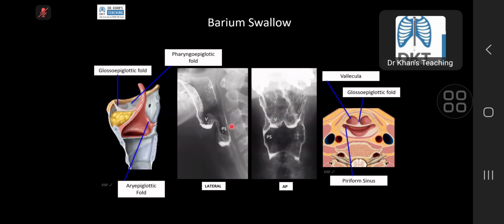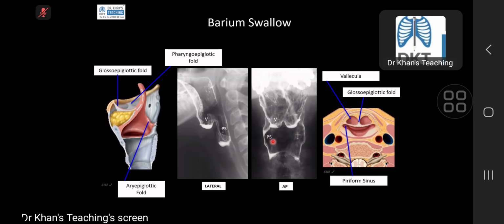Posteriorly is the piriform sinus. So this is posterior to the glossoepiglottic fold, which is depicted here. So this is the piriform sinus. Piriform sinus is by definition a part of the hypopharynx or the laryngopharynx, whatever word you want to use.